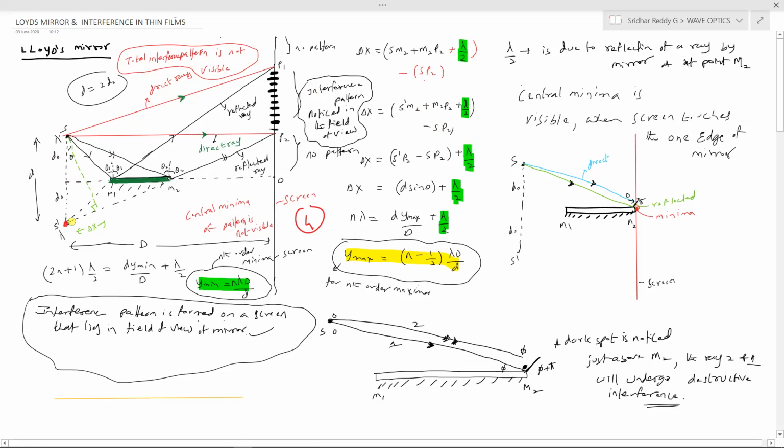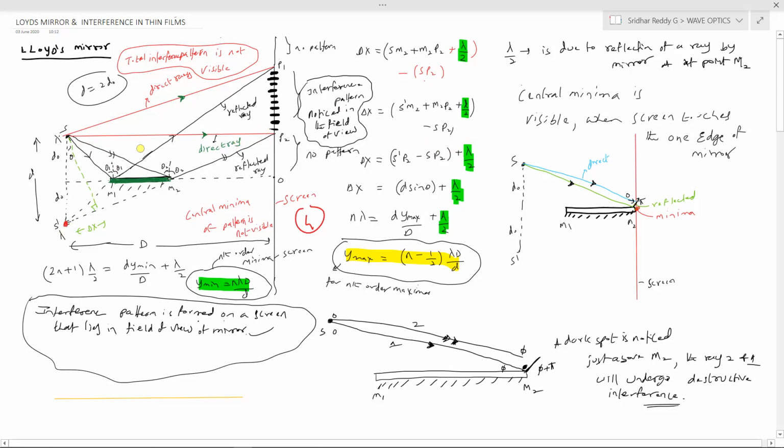Further, S dash M2 and M2P2, the sum of these two distances, I can write as S dash P2. Here SP2 is a direct wave and S dash P2 is like a reflected wave.